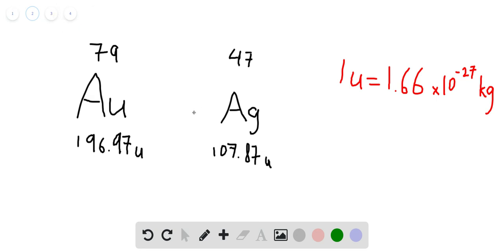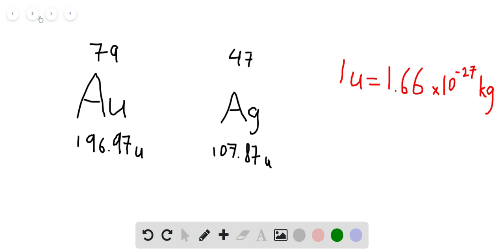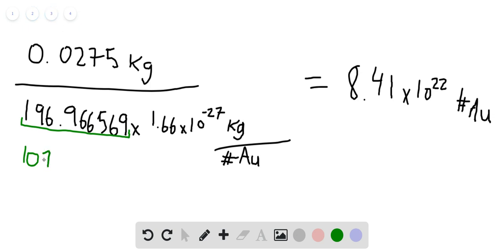So we use the same factor for the unit U. And then this gives us a different result of 1.54 times 10 to the 23 this time.